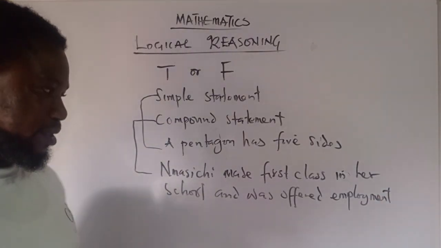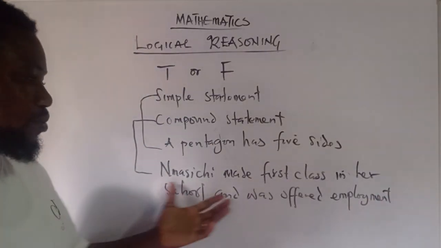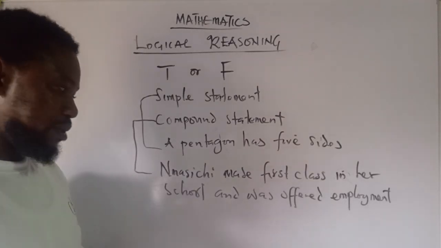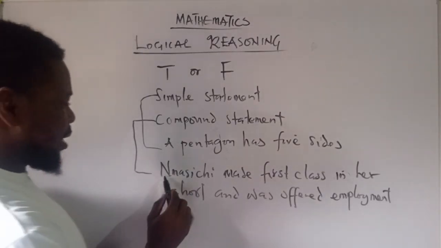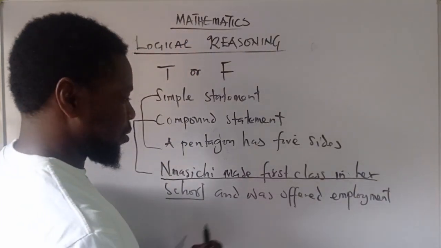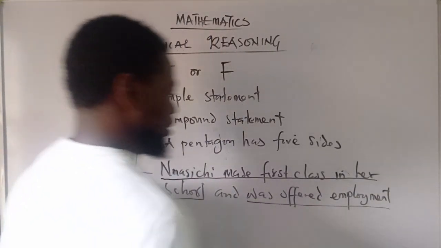Now, if you look at this statement, you discover that you can separate this statement into sub-statements. For example, Masichi made first class in her school, Masichi was offered employment.